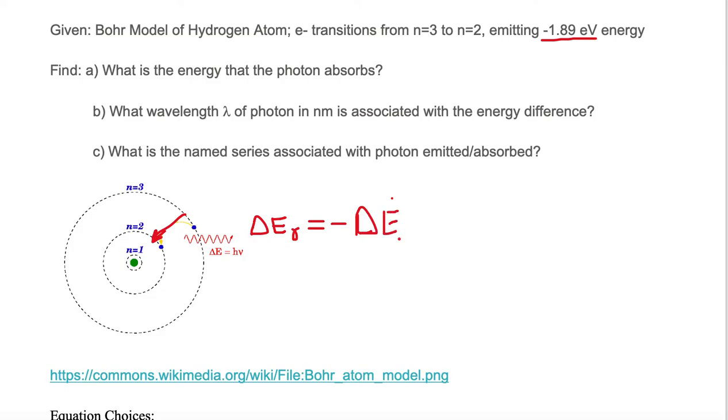So since the energy that the electron has given off is minus 1.89 eV, then the photon must gain 1.89 eV of energy. So a negative times a negative, negative 1 times negative 1, is just plus 1. And you can always check that.